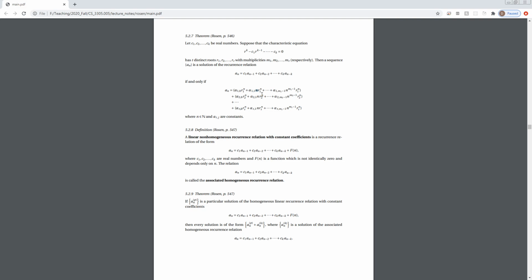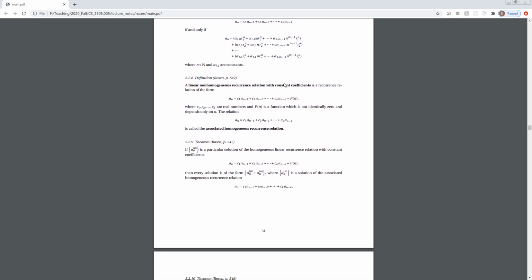So that's the correction for multiplicity. I don't know how to describe it beyond that.